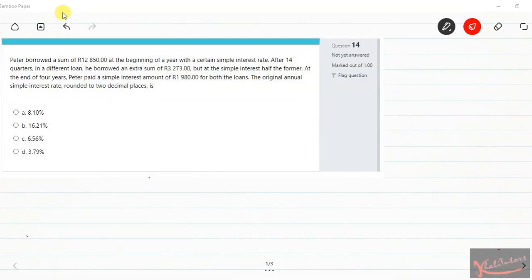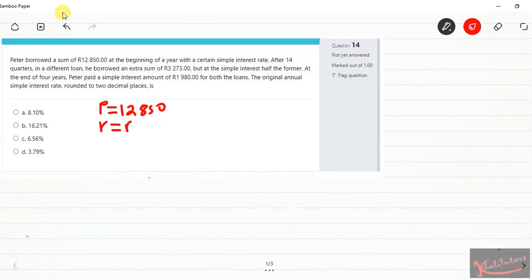They told us that he borrowed P, which is equal to 12,850 at the beginning of the year with a certain simple interest rate. The interest rate we are not given, so instead of writing a value for the interest rate, we're going to say our interest rate is just R, therefore R is equal to R. And after how many years is this loan supposed to be repaid?